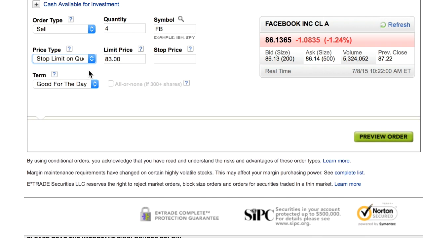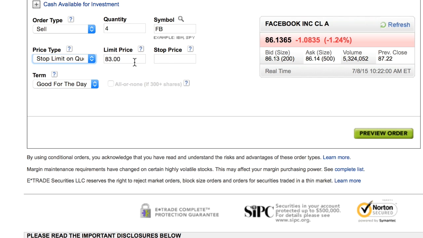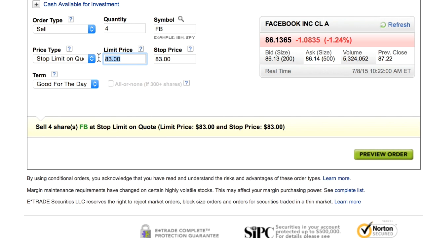Then you can go to a stop on quote limit. Your stop price could be, when it gets to $83, I want you to only get me out for $82.50. So when Facebook hits $83, get me out for $82.50.